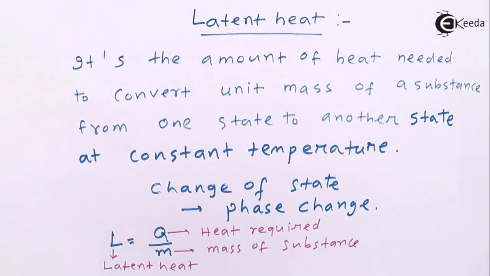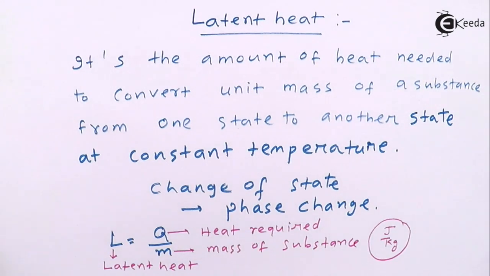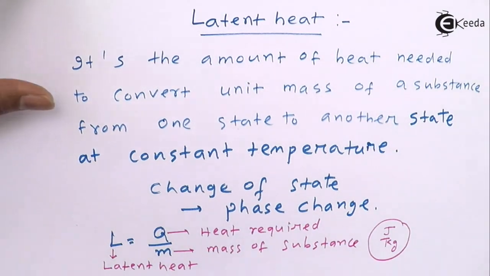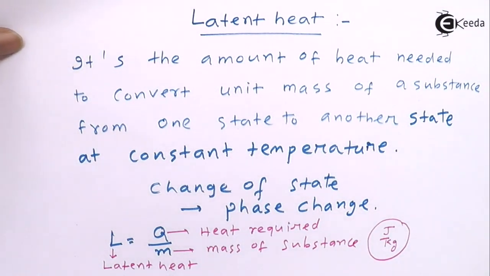Therefore, its unit will be joule per kg in the MKS system, or per gram in the CGS system.